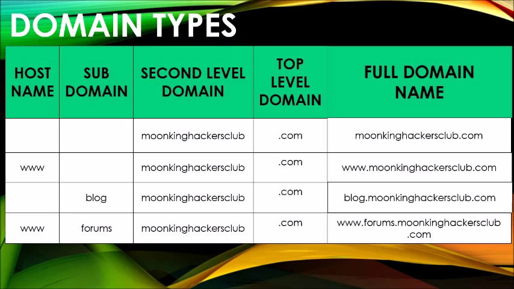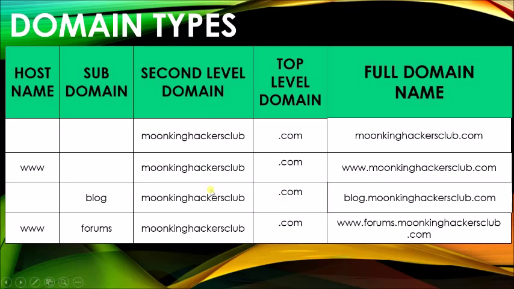And here it is the second level domain, the top level domain, and you can see here the full domain. The top level domain is .com and the second level domain is Moon King Hackers Club. Then the fully qualified domain name is moonkinghackersclub.com. Now it tells the hostname, second level as before, and the top level domain is .com, and you can see here the full domain name.